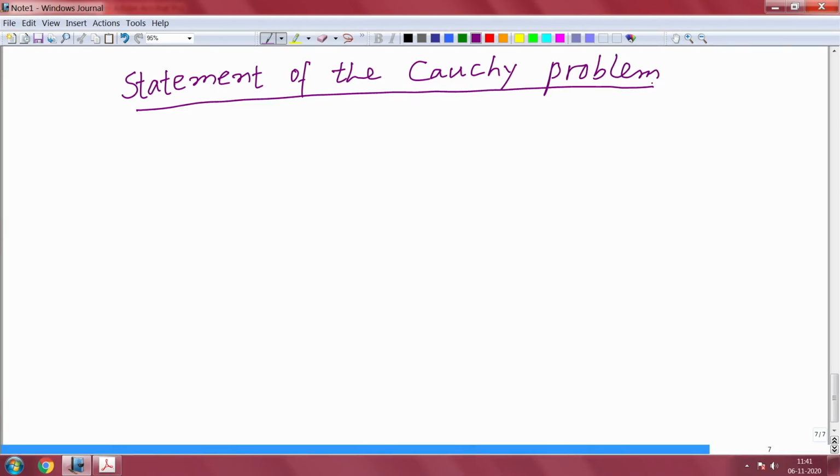Let me just state it for the general case and then we come to the individual cases of the linear equation, the quasilinear equation, and then the fully nonlinear equation. So, this is our first order equation, and this is in omega in R n.